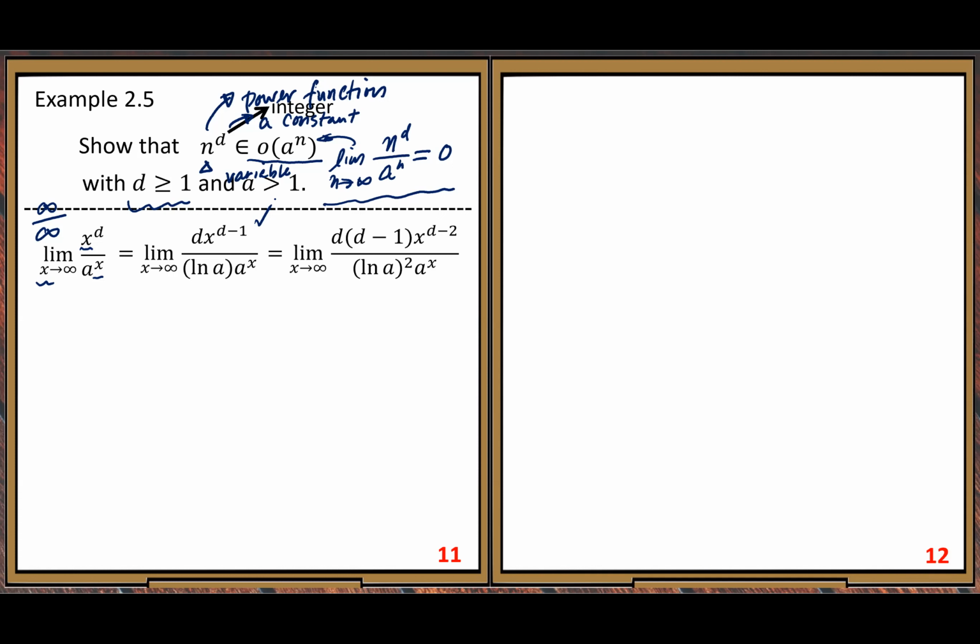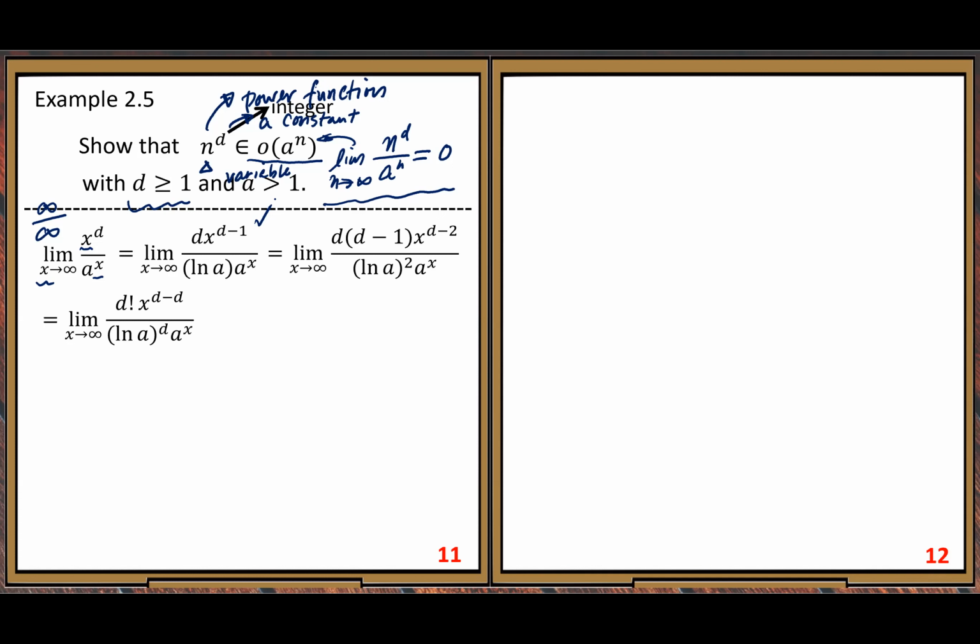So you can apply L'Hopital's rule many, many times until you reach some point where it is not an infinity over infinity indeterminate form.